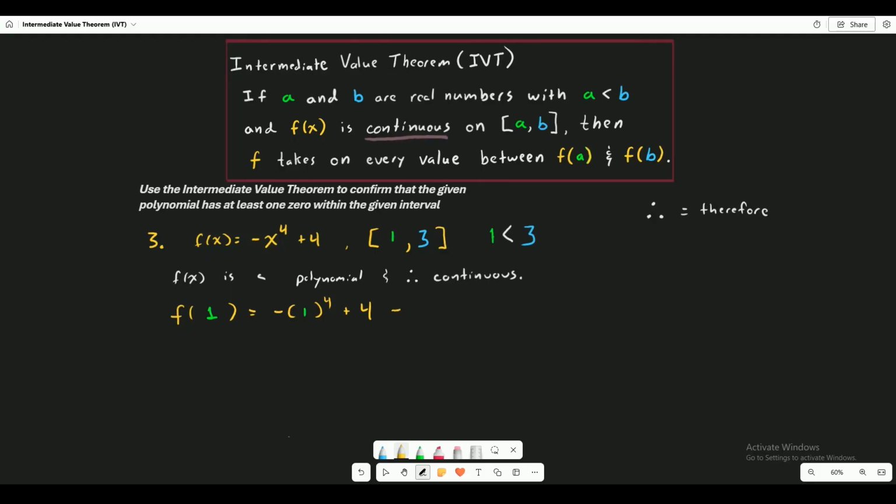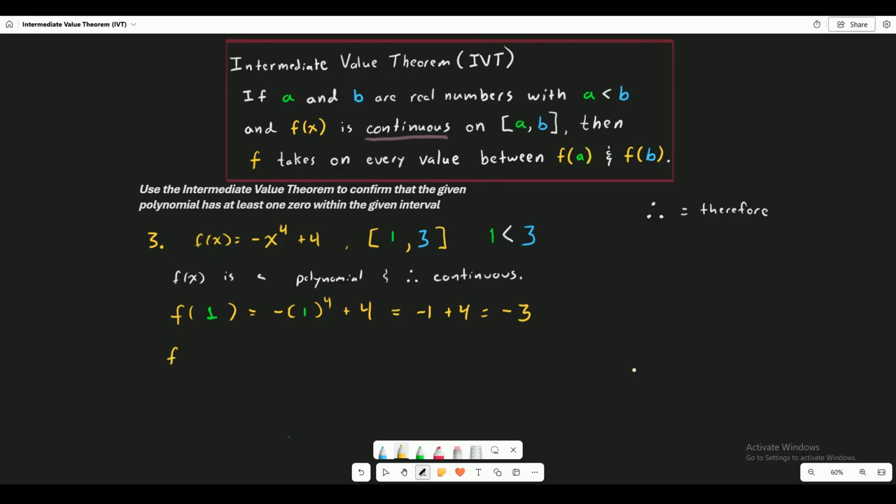And this is going to be equal to 1 to the 4th power is 1, so negative 1 plus 4. The negative is on the outside, so it's not affected by the exponent. Okay? Exponents only affect what they touch. So this gives me 3. All right? If our f of b value is negative, then we can confirm it has one root by the intermediate value theorem.